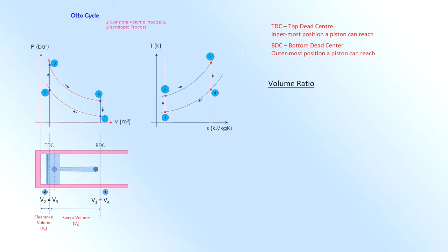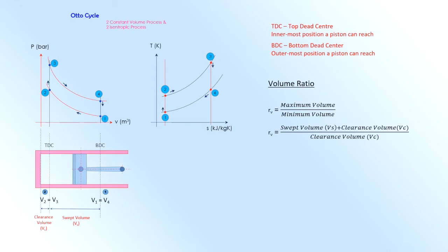Our maximum volume just now was V1 or V4, and the minimum volume is V2 or V3, or the maximum volume is swept volume plus clearance, and the minimum is clearance. So we can define the term volume ratio, given with the symbol R subscript V, as the maximum volume over the minimum volume. Later on, you will get to know what the use of this term is.